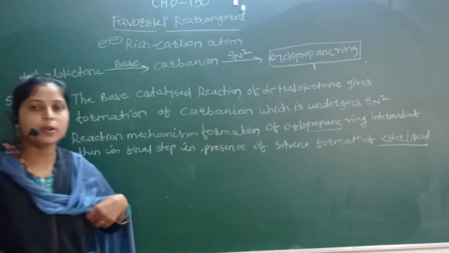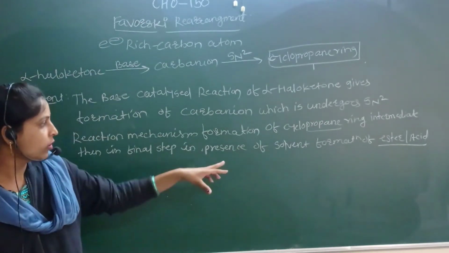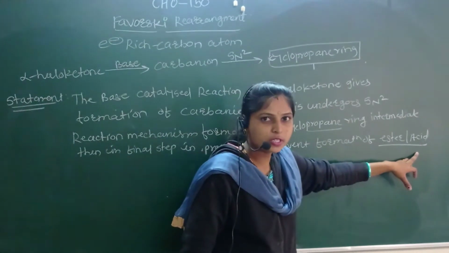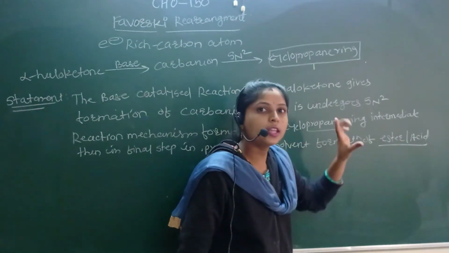So this is the statement of the Favorski rearrangement. Lastly we have to see the formation of ester or acid. This formation of ester or acid depends on the nature of the base.